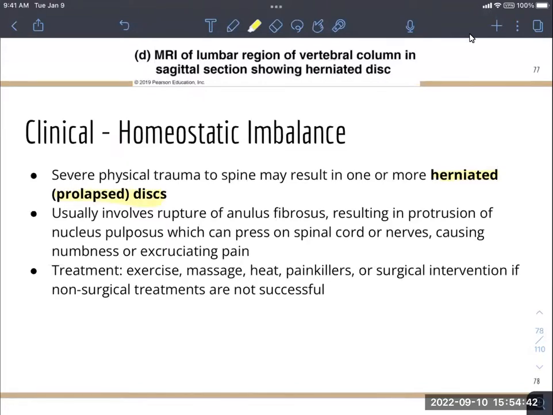Those anterior and posterior longitudinal ligaments also help to try to prevent that disc from protruding out from the spinal column. That's part of their job as well. But if it does hit a nerve, it can cause numbness. It can cause excruciating pain.